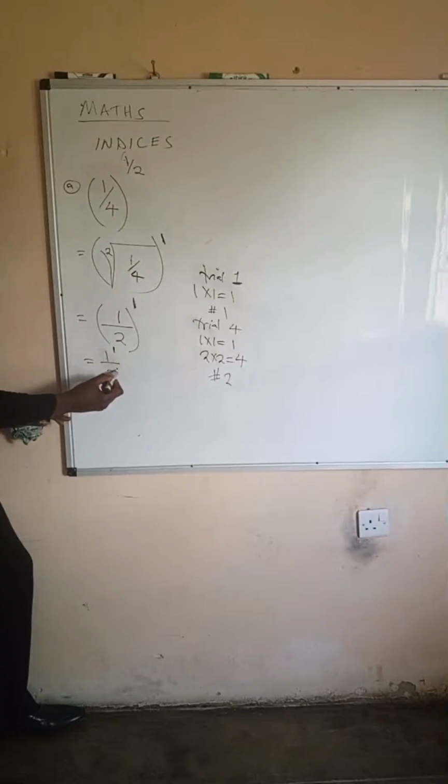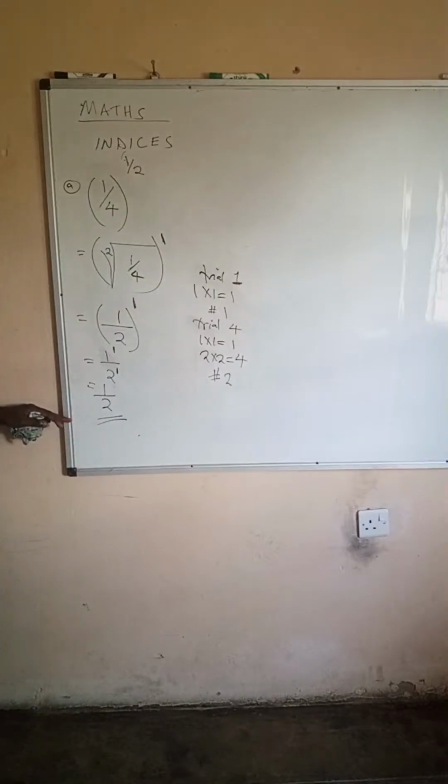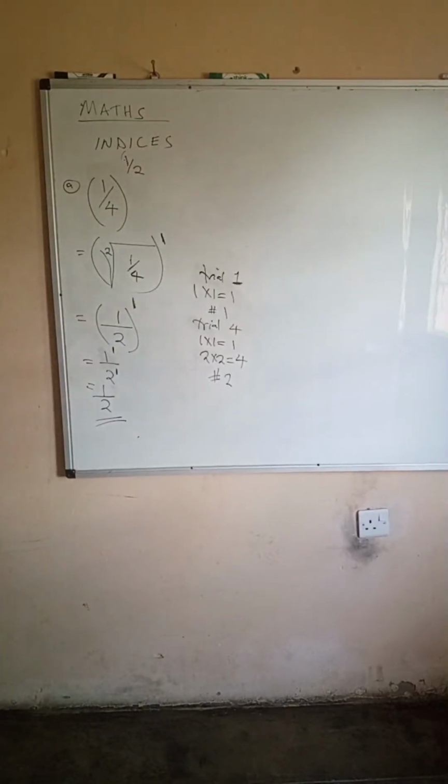Any number to the power 1 is itself: 1 to the power 1 is 1, 2 to the power 1 is 2. So the answer here is half. I hope we are on the right track and you are actually understanding.